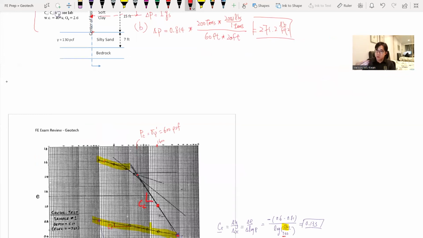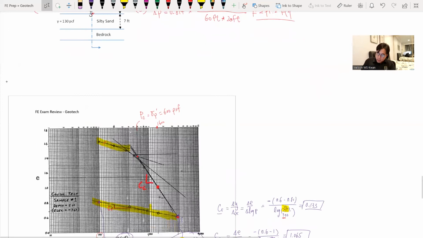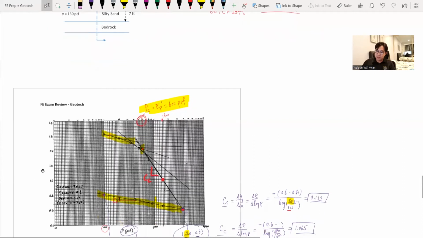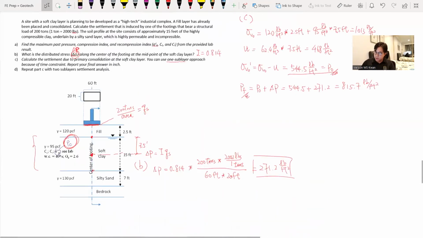That's why we need to conduct a consolidation test or oedometer test to recover this very important point: what is the maximum past pressure that the soil has ever experienced throughout its history? In this case it is 600 PSF from the consolidation test.